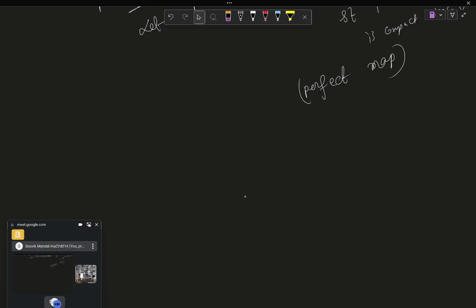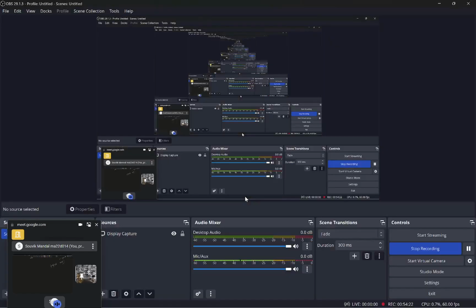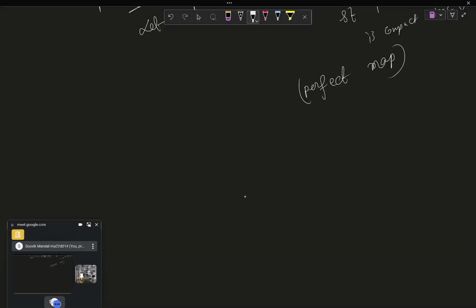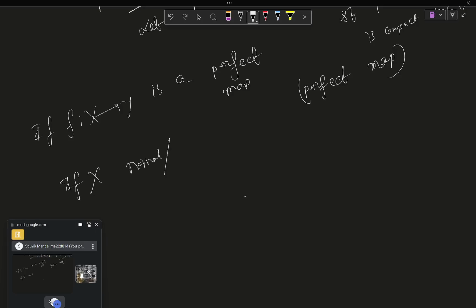This type of map is not perfect otherwise. Now, the thing is that if X to Y is a perfect map, and if X is normal or regular, this implies Y will be normal or regular respectively.